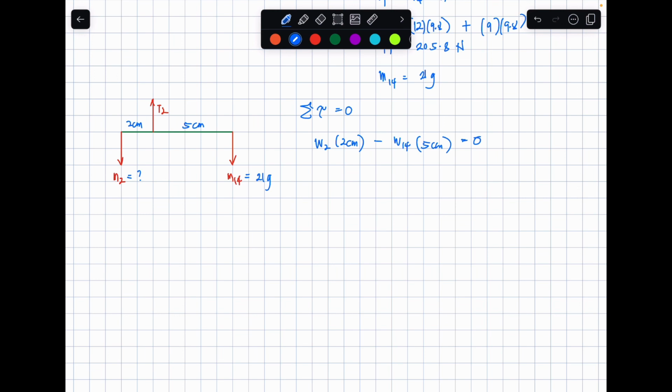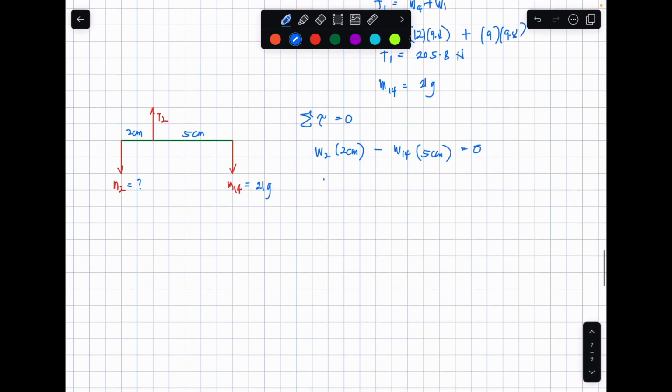But then weight 2 times 2 centimeters equals weight 14 times 5 centimeters. So weight 2 is just M2 times G times 2 centimeters equals M14 times G times 5 centimeters.